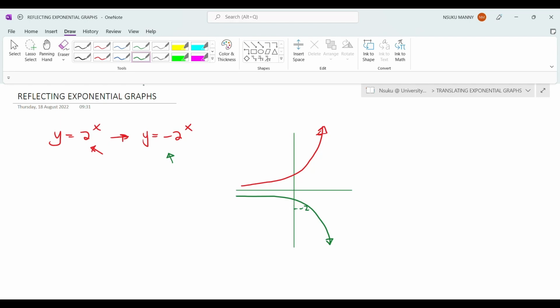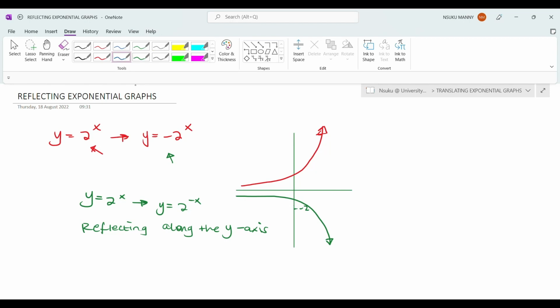In order for us to reflect our graph along the y-axis, we basically just change the value of x. So now it's not going to be x anymore, it's going to be negative x. So that's us reflecting along the y-axis.